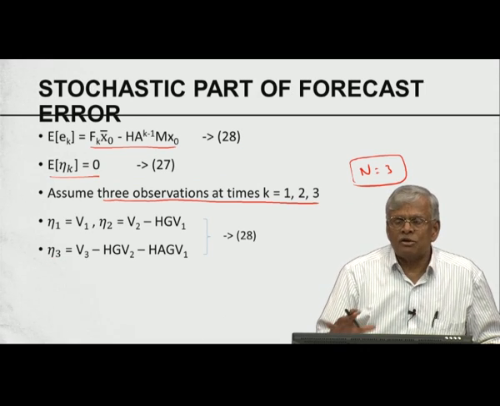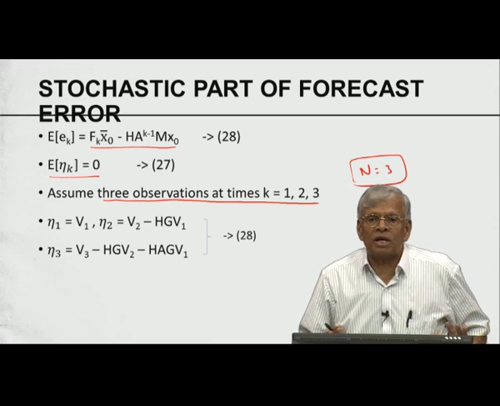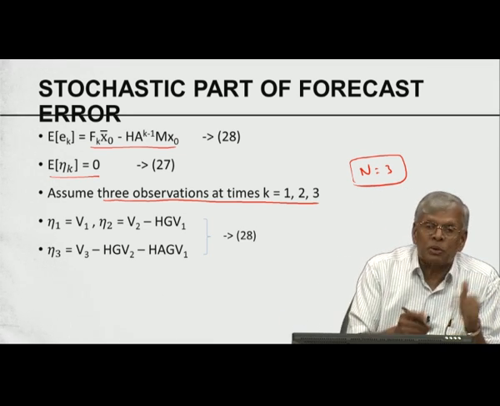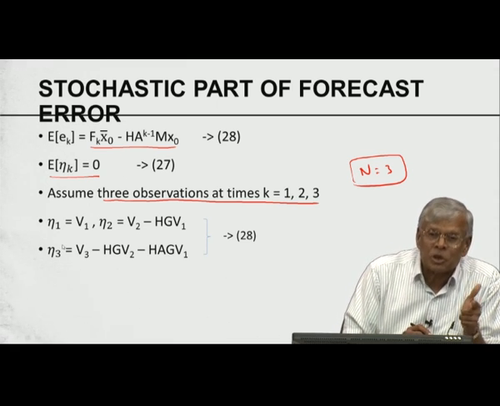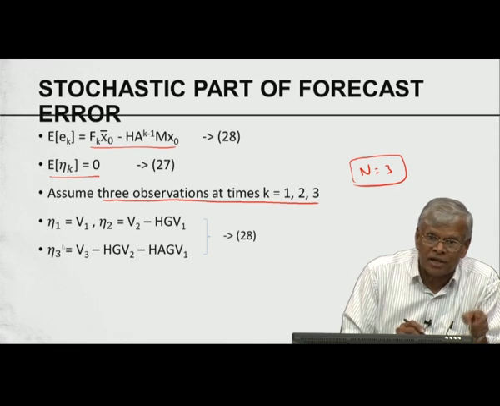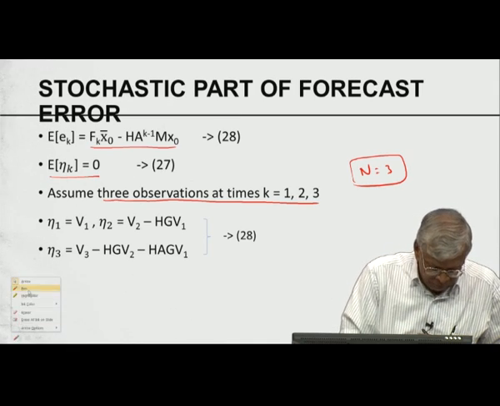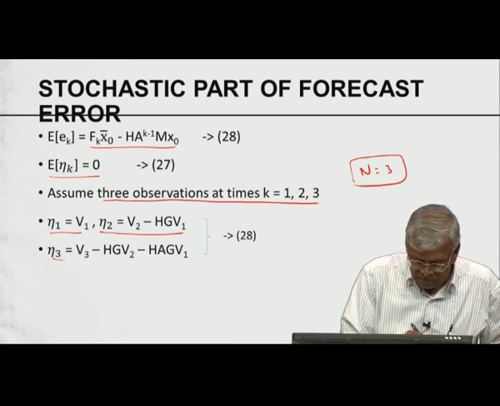To simplify, to get that aha feeling, I am simply going to assume n is equal to 3 without loss of generality. So if I substitute n is equal to 3 and simplify, the expression for the random part of the forecast error, which is eta, is this, that is that.